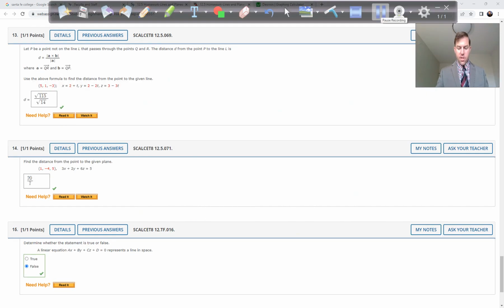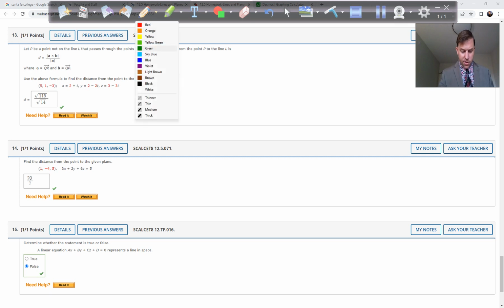Okay, in 13 they want us to calculate the distance between a point and a line L that passes through points Q and R, and the distance D from the point P to the line L is given by this. So let me see if I can draw this.